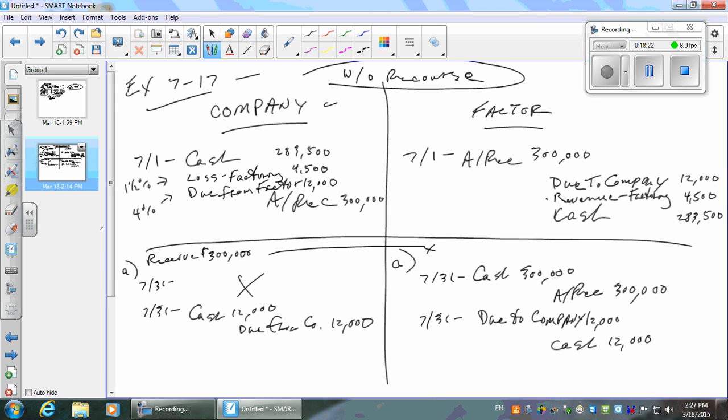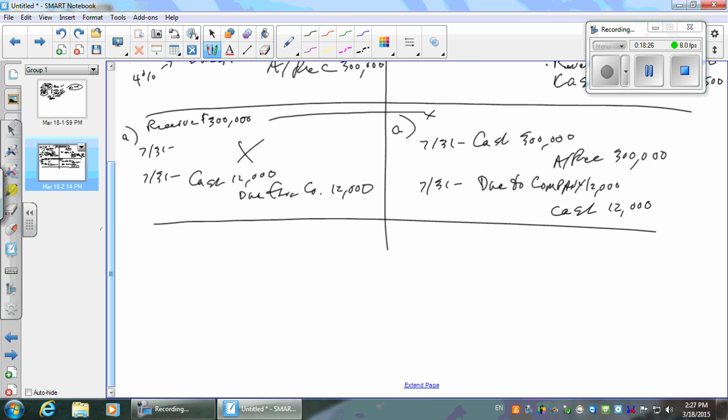Okay, good. Let's change the scenario a little bit. Let's say instead what happens is there's sales returns and allowances of 3,000.